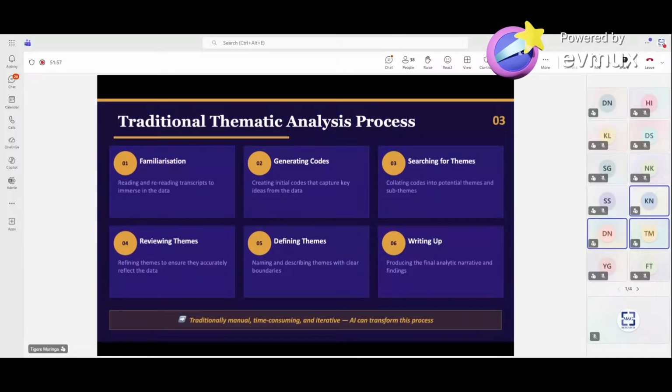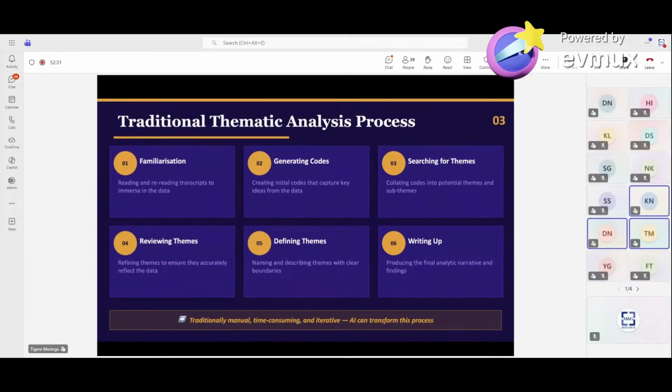Normally, there are 6 steps you have to take to conduct the traditional thematic analysis approach. Like I said, the traditional approach provides the foundation, an entry point for us to do the same approach on LLMs and generative AI platforms. So the first one is familiarization, where you would read and reread transcripts.